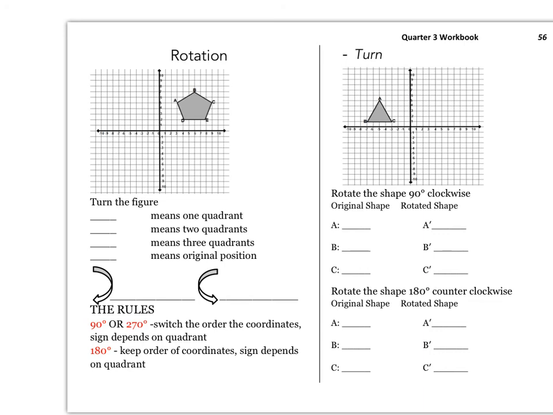So 90 degrees means 1 quadrant, 180 is 2, 270 is 3, and 360 is 4. That takes you back to the original position. So that's clockwise. That's the direction the clock goes. This is counterclockwise.